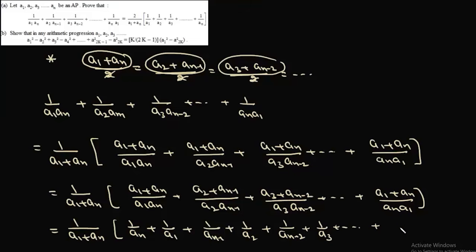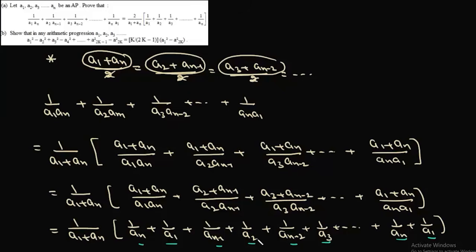I will continue up to 1 upon an plus 1 upon a1. So here we have this series 1 upon a1 plus 1 upon a2 plus 1 upon a3 up to 1 upon an, and again we'll have the series a1, a2 up to a(n-2), a(n-1), an.